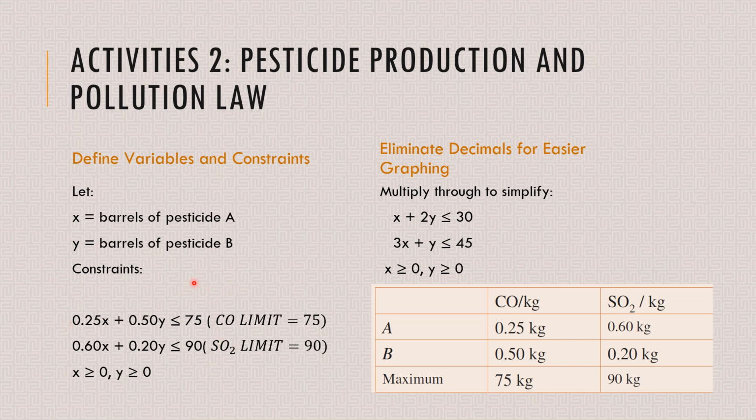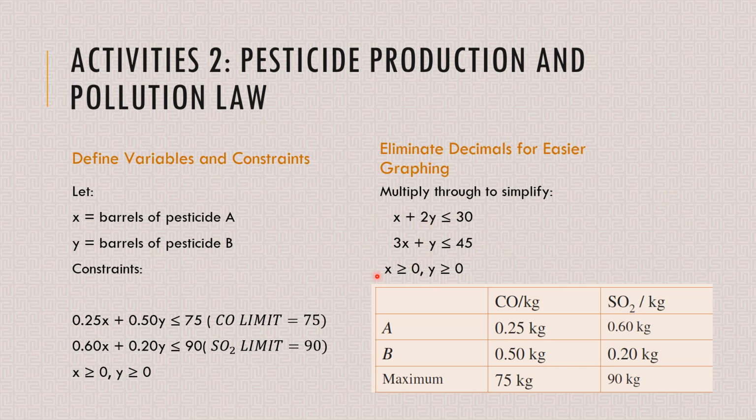To make the expression easy to solve, we eliminate the decimals for easy graphing. How do we do that? I divide both sides by 0.25 here, and I end up with this inequality. I also divide both sides of the other inequality by 0.20, and I end up with this linear inequality.